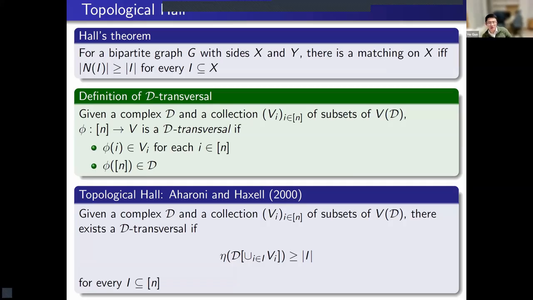It is natural to study when a D-transversal exists. That is the so-called topological Hall theorem, found by Aharoni and He Guo.